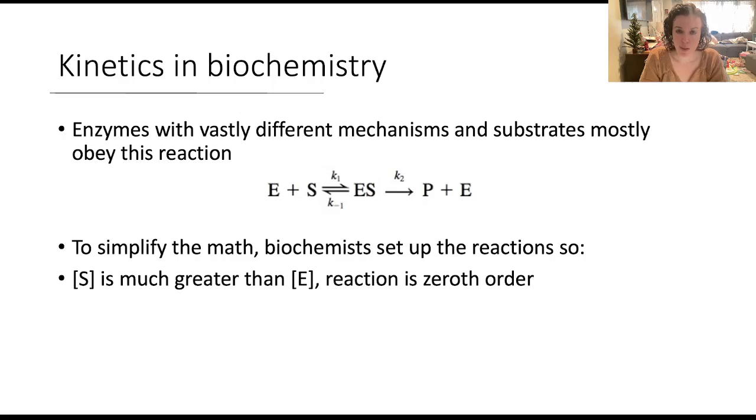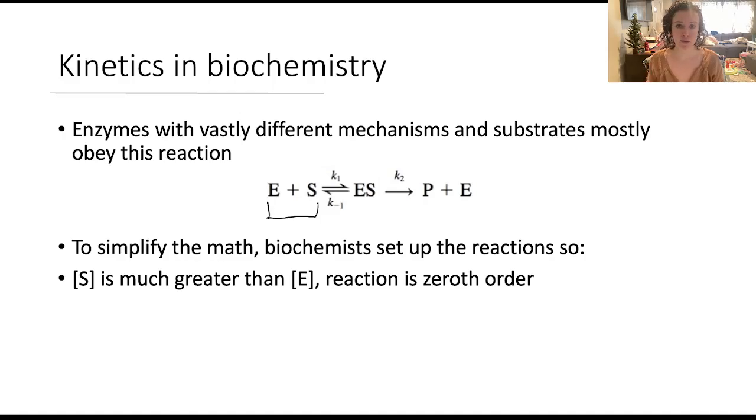On the screen, folks, I'm showing you the reaction scheme for enzyme kinetics in biochemistry. And we can use this same reaction scheme for a variety of enzymes that have very different types of mechanisms. Let's walk our way through it. So we start off with enzyme and substrate.